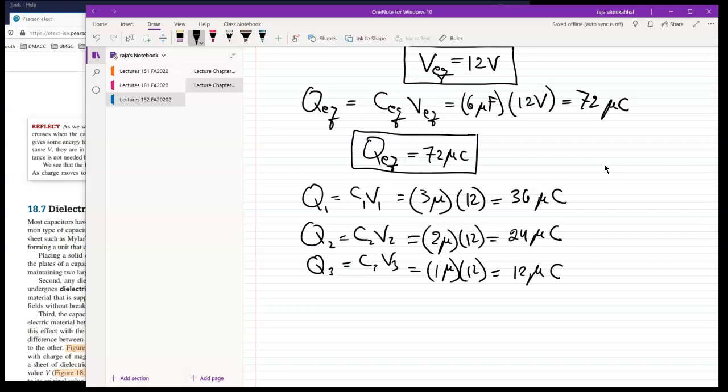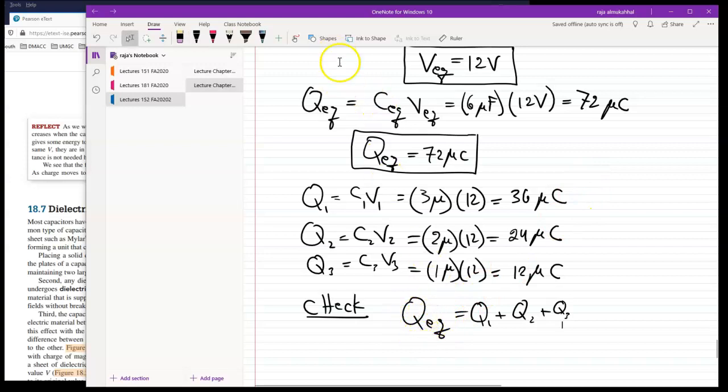But here is how I check. How do I know that I've done it correctly? Remember we said that Q equivalent is equal to Q1 plus Q2 plus Q3. And we already calculated the Q equivalent, which happens to be 72. In other words, if I add up Q1, Q2, and Q3, I should get 72. This is how I check. Let's see.